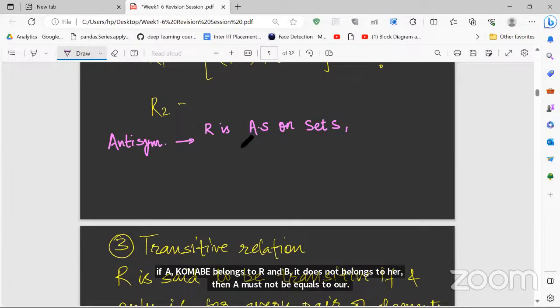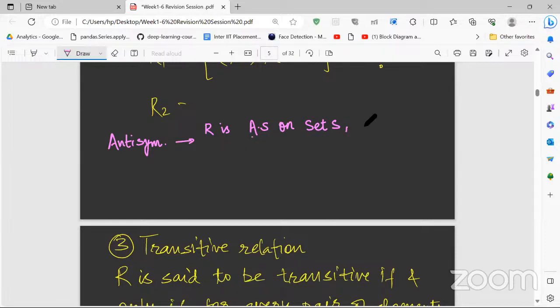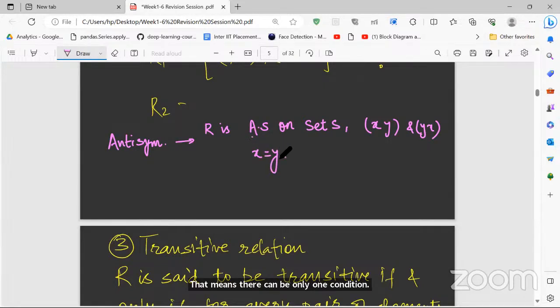So if R is anti-symmetric on set S, and for some xy and yx both are present, that means there can be only one condition: x should be equal to y.